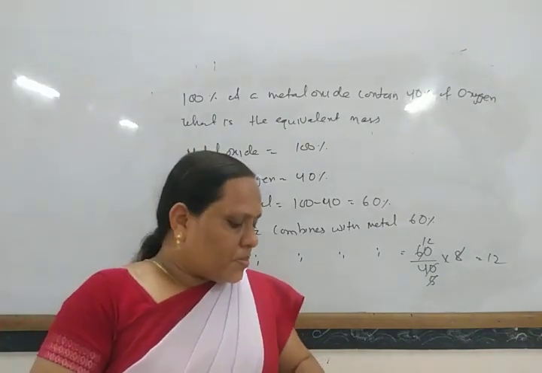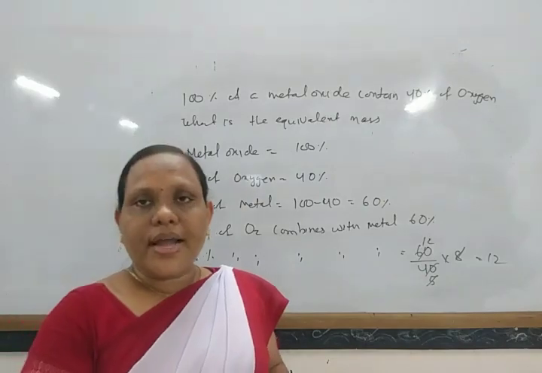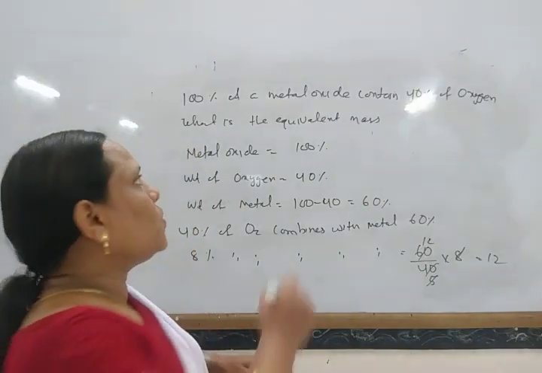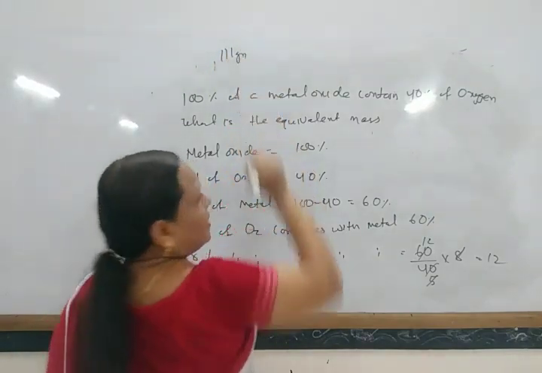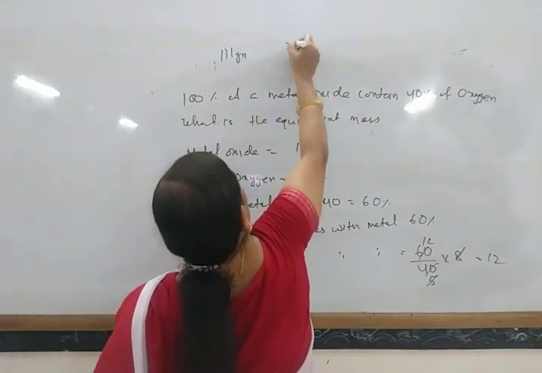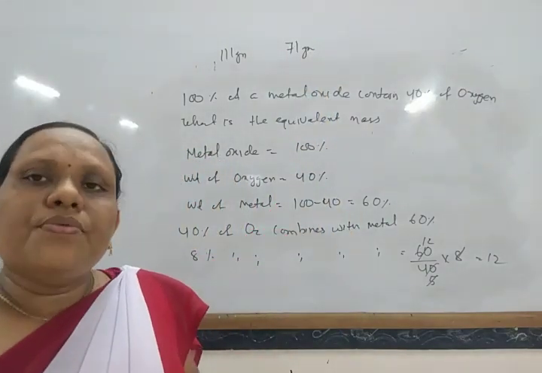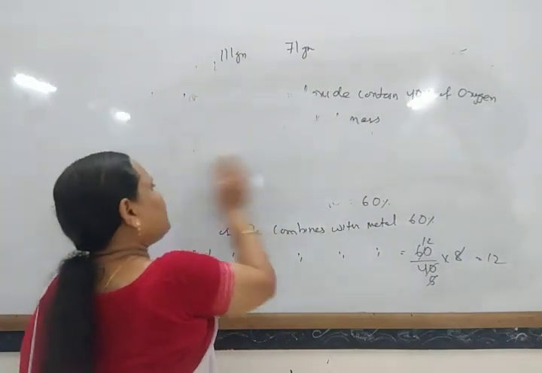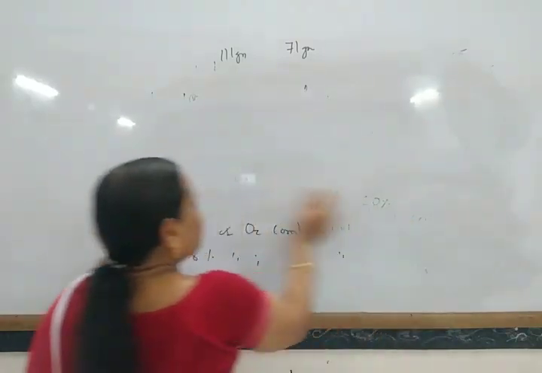Suppose another problem is given: 111 gram of a metal chloride contains 71 gram of chlorine. Then what is the equivalent mass of the metal? So with respect to chlorine, how can we determine the equivalent mass?